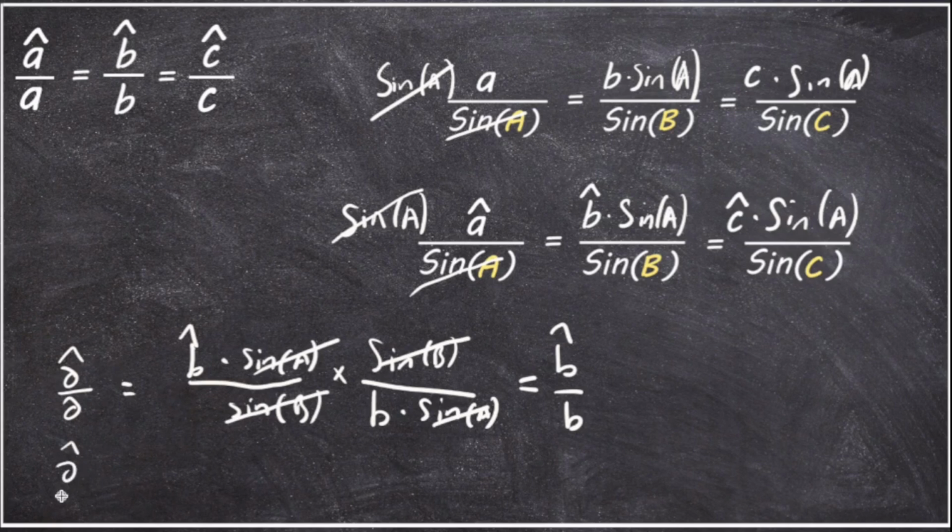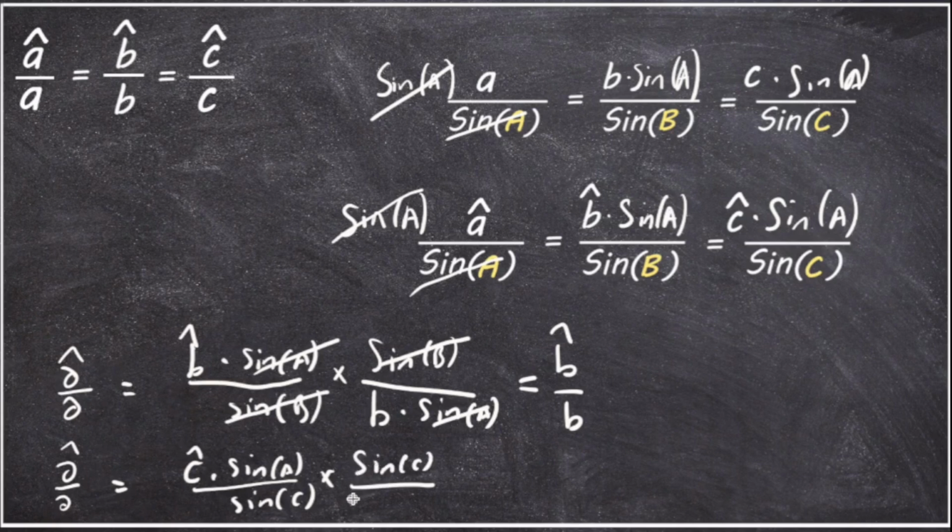We want A hat over A again, and this time A hat equals C hat times sine of A divided by sine of C. And again, if we want to divide by A, we can multiply by the reciprocal, so we would multiply by sine of C over C times sine of A. The sines of A cancel and the sines of C cancel, leaving us C hat over C, which means that A hat over A equals C hat over C and B hat over B. So A hat over A is equal to both of these.